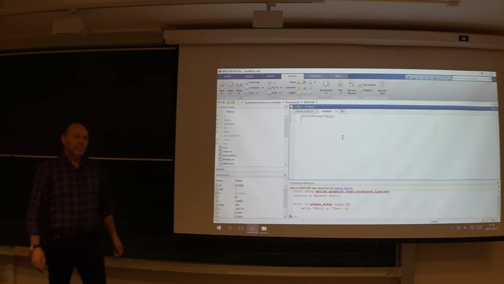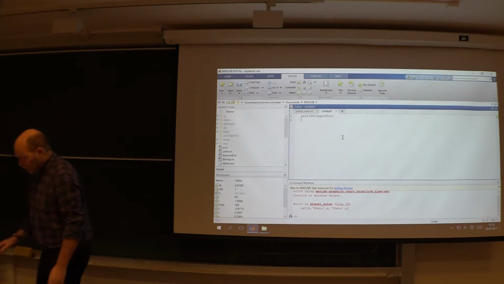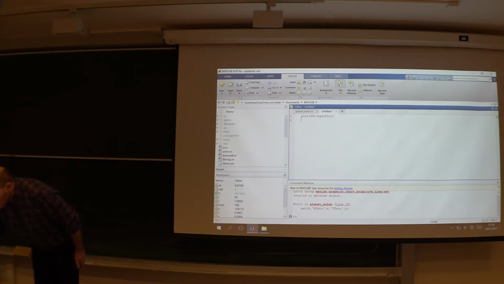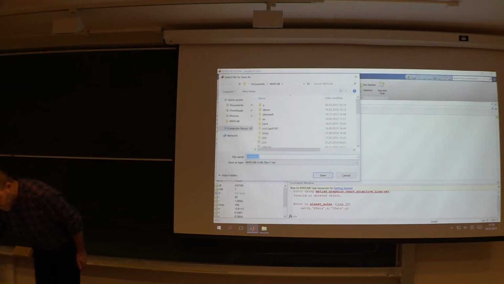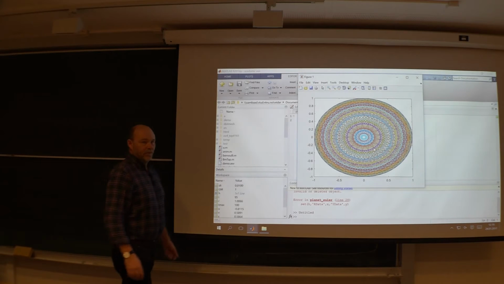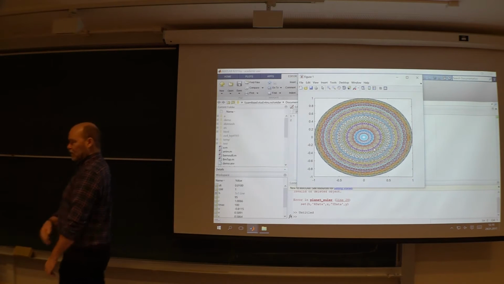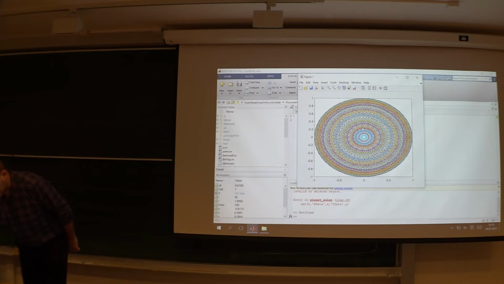So that's my program. That's a so-called one-liner. So we can run this one. Untitled, that's a good name. And overwrite. And you get a very nice graph. So that's the fast Fourier transform for you. Not that that is important here. It's just a nice one-liner, as we call them.